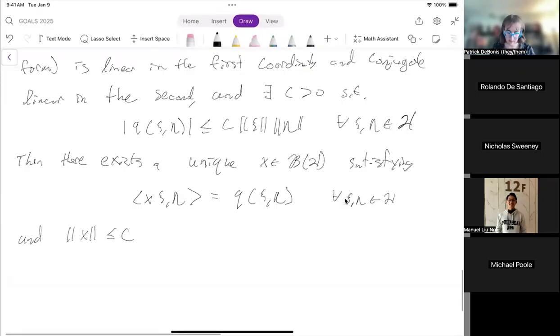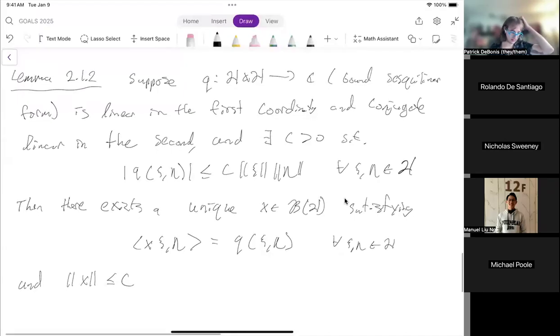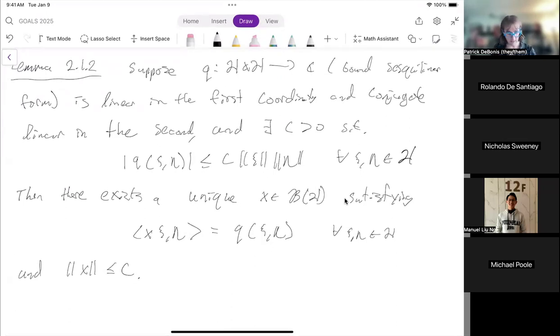This kind of statement should look familiar, and it is, lo and behold, another form of the Riesz representation theorem. The proof of this one is going to be an exercise in the notes.